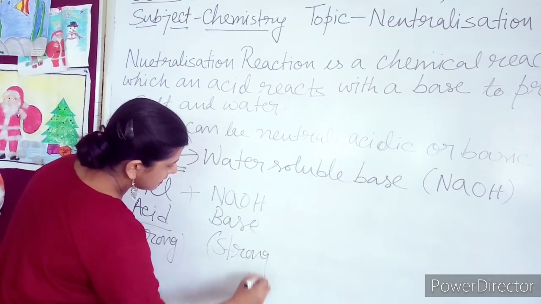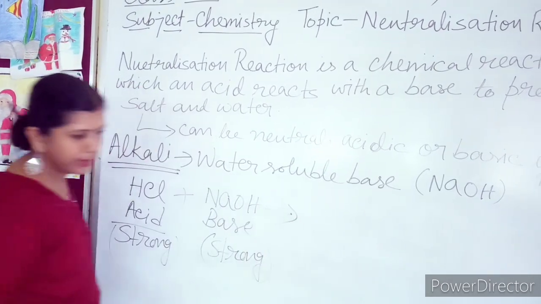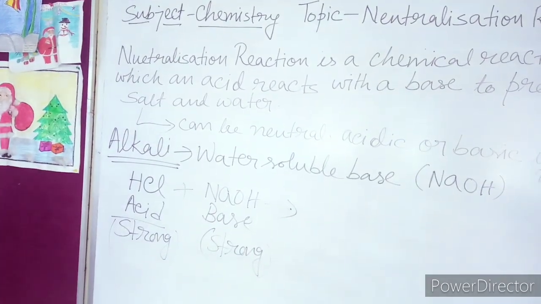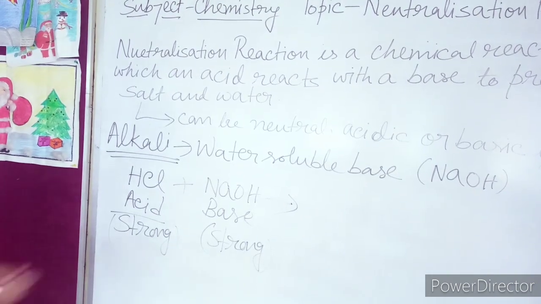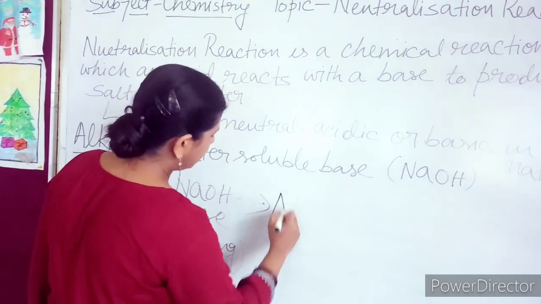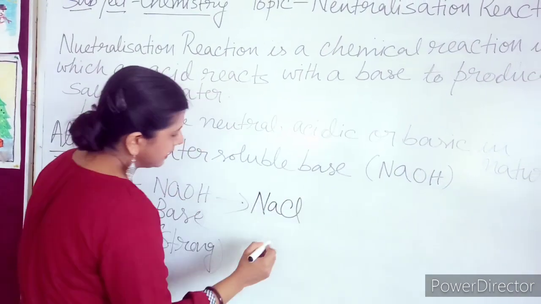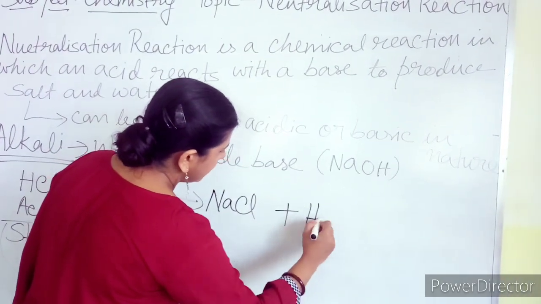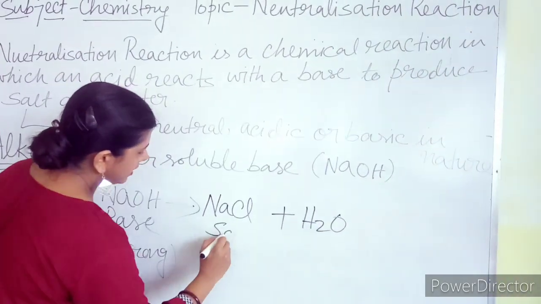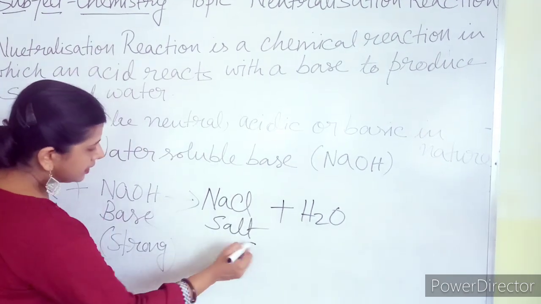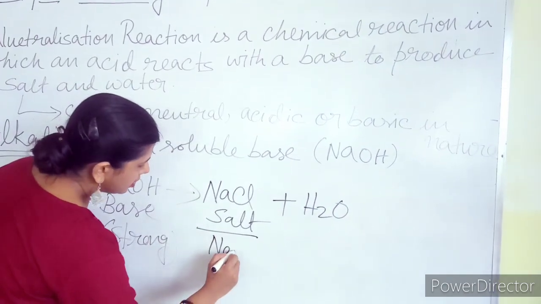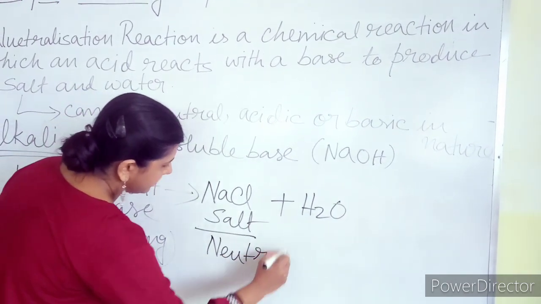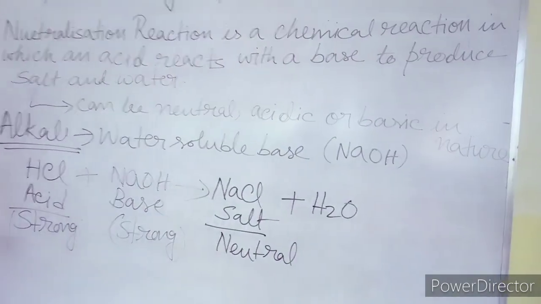When strong acid reacts with strong base, the product formed is a salt and water. Here the product formed is NaCl plus H2O. This one is salt. This salt is neutral in nature. NaCl is neutral in nature.